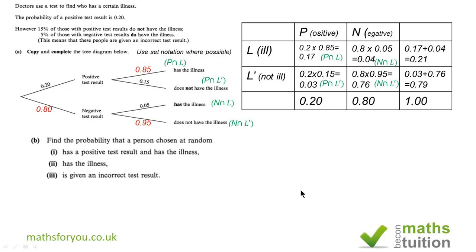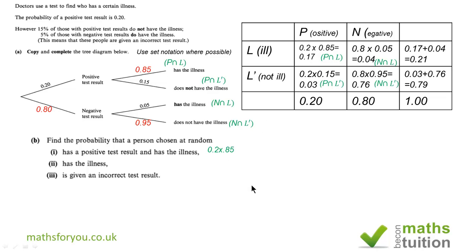Moving on, we want to find the probability that somebody chosen at random has a positive result and has the illness, and that's going to be 0.2 times 0.85, and we have 0.17.